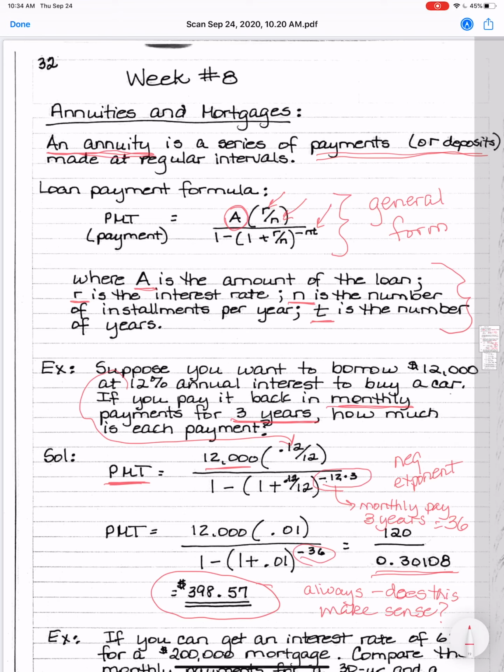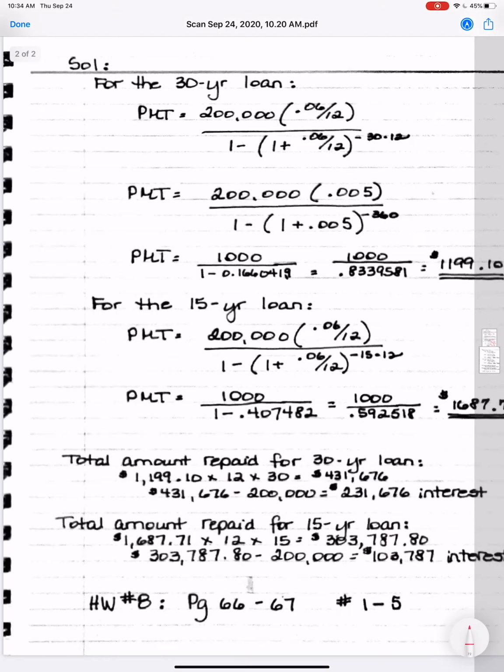So now let's look at a mortgage. Let's say you're going to borrow $200,000 to buy a house, and you're going to use a 30-year loan, and the interest rate is 6%. 6% right here. So what are our mortgage payments going to be? Well, we know we're going to borrow $200,000 times the interest rate divided by 12 because there are 12 monthly payments.